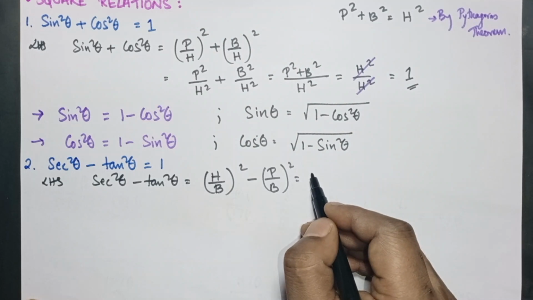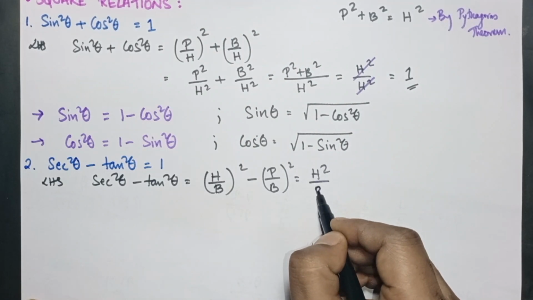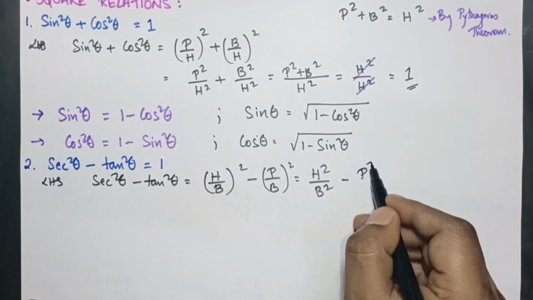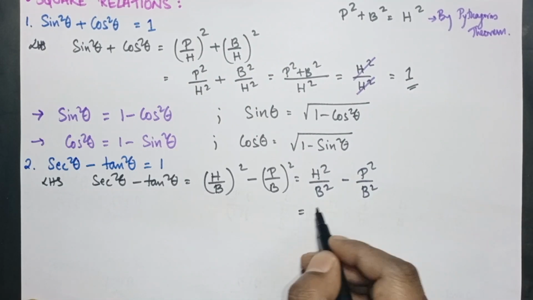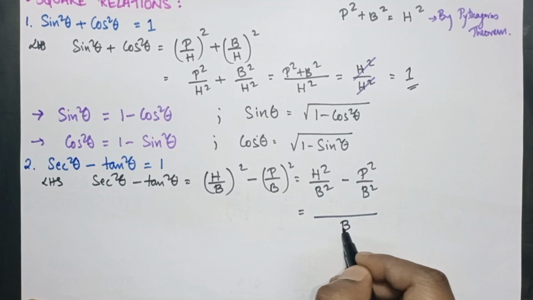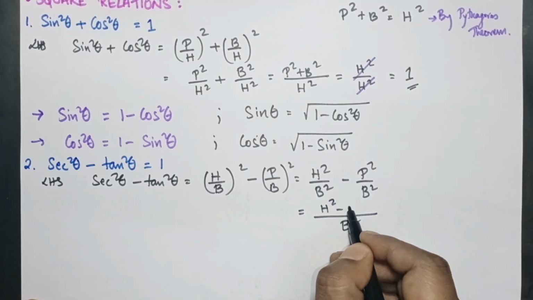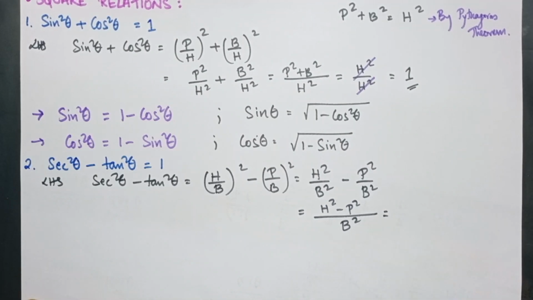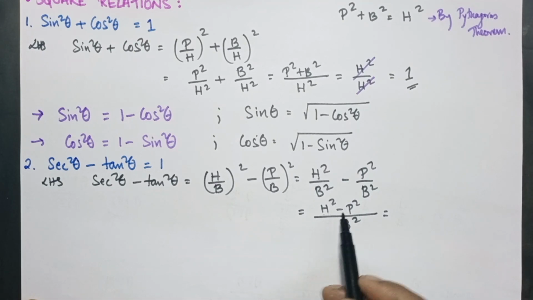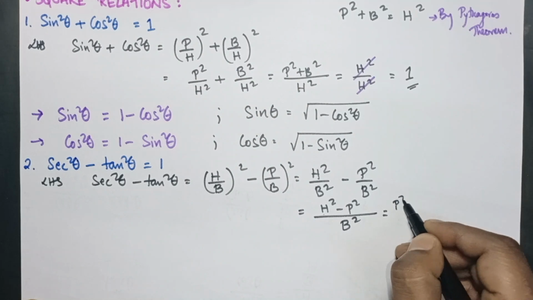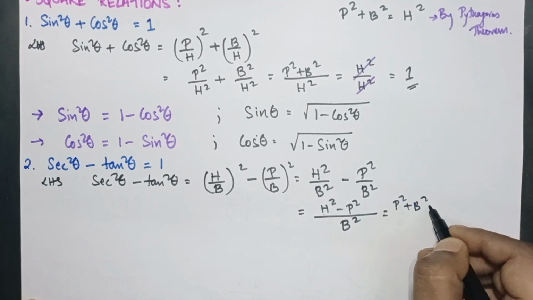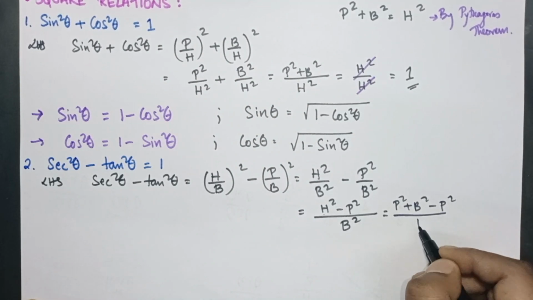So I can write h square by b square minus p square by b square. The LCM is b square, so this will be h square minus p square. What do you know about the formula for h square? h square is p square plus b square. So instead of h square I can write p square plus b square minus p square, divided by b square.